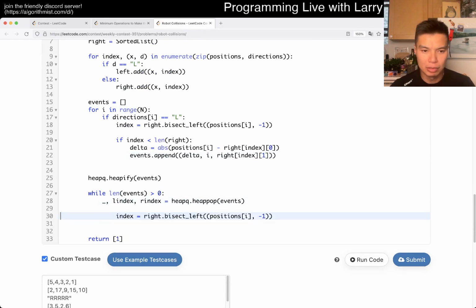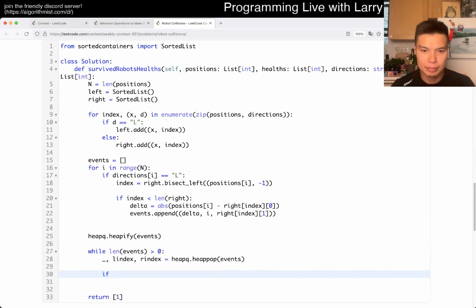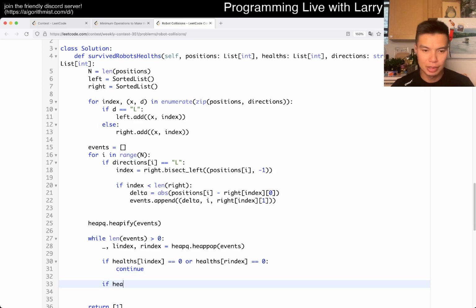And then now we can process it. If health of left index is equal to 0, we continue, I think. That means that they're already dead and we somehow are processing this. Otherwise, if health of left index is greater than health of right index, then we kill the right side.